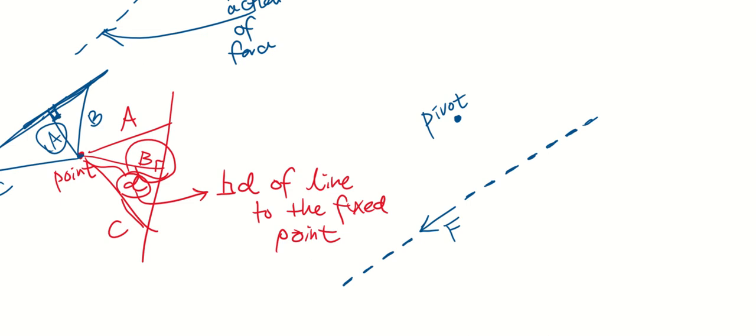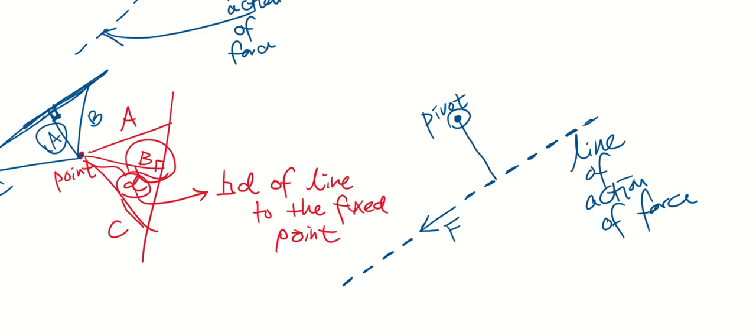Once you have this line of action of the force, and this is my pivot here, where is the perpendicular distance? You wouldn't make the mistake, because it's very simple now. You will find your perpendicular distance.